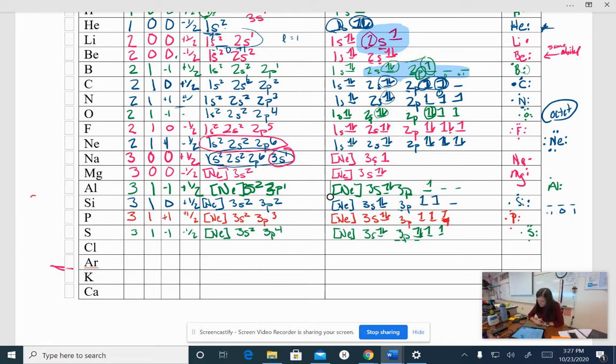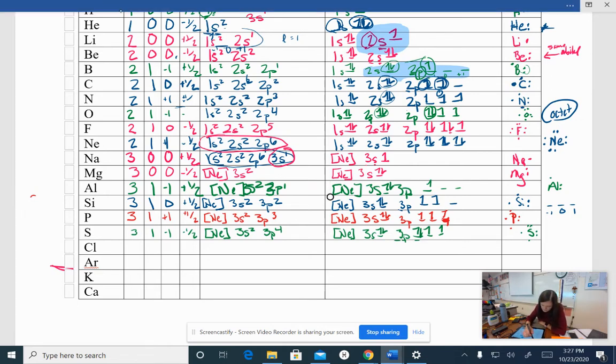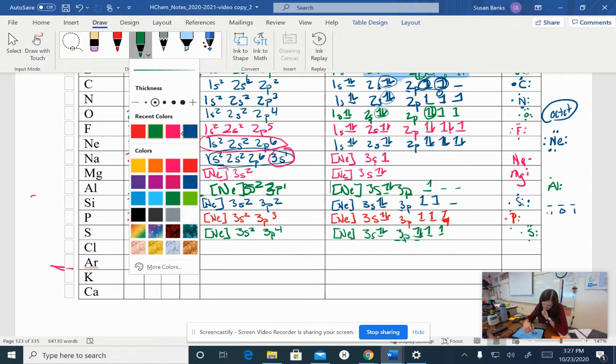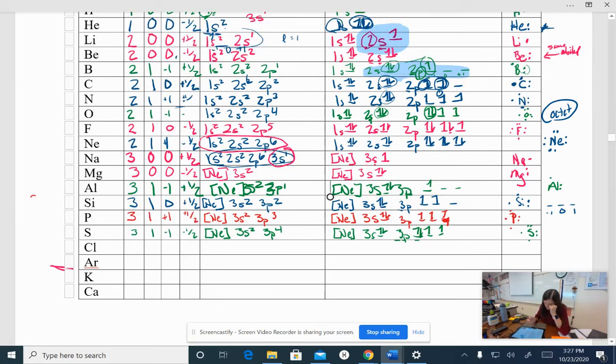Okay, how you doing so far? Okay, next one. Let's change the color again. Okay, one more electron. So neon. So we don't have to write it all out. 3s2, 3p5.